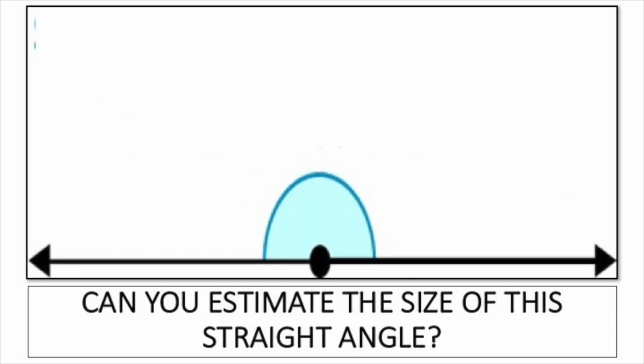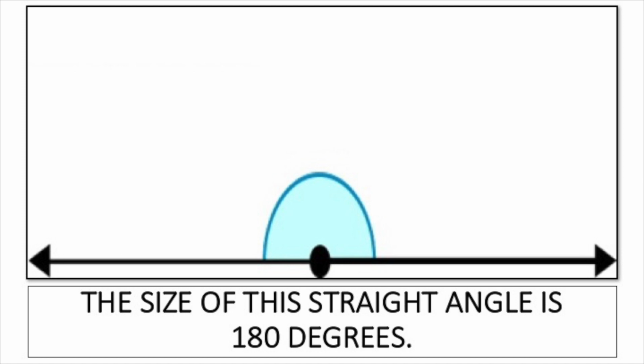Can you estimate the size of this straight angle? So, okay, think carefully. Straight angle. 180 degrees. Always, yes. Can't be any more, can't be any less. The size of this straight angle is 180 degrees.